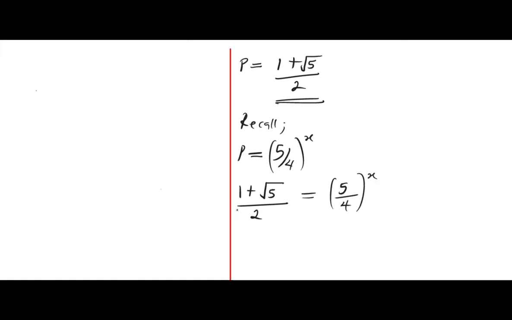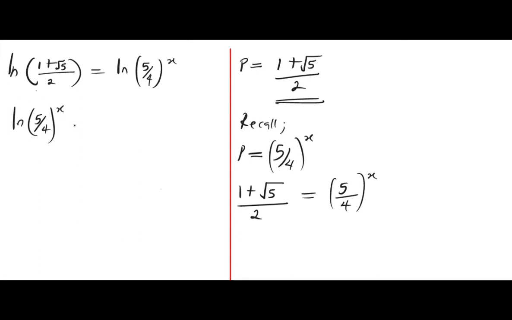In order to solve this, let's take the natural log of both sides. So we have natural log of 1 plus root of 5 divided by 2 equals natural log of 5 over 4 raised to the power of x. Recall from the log rule, log of a to the power b equals b log a.